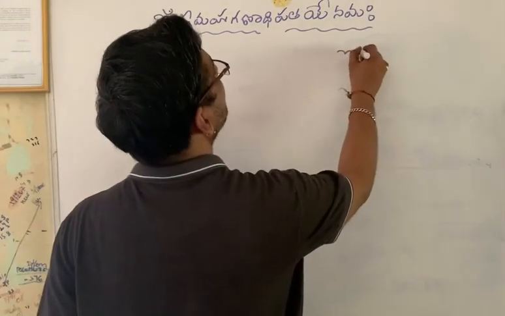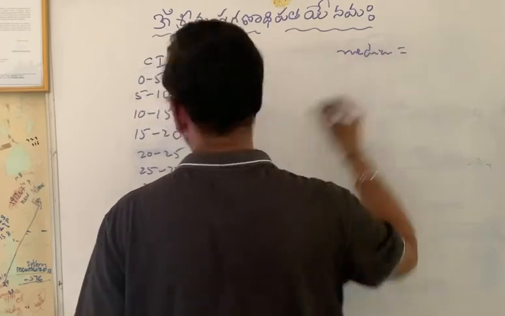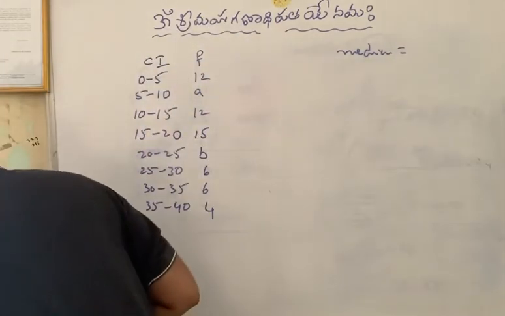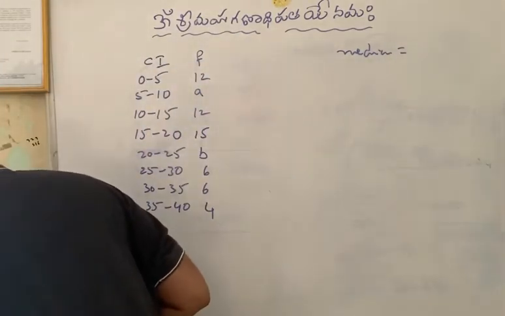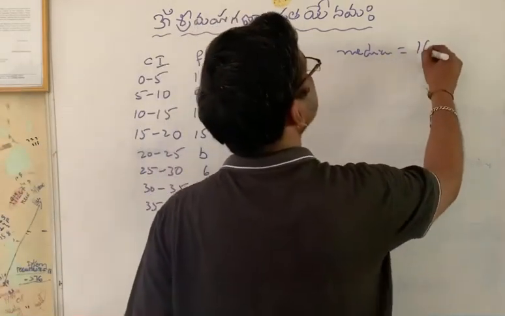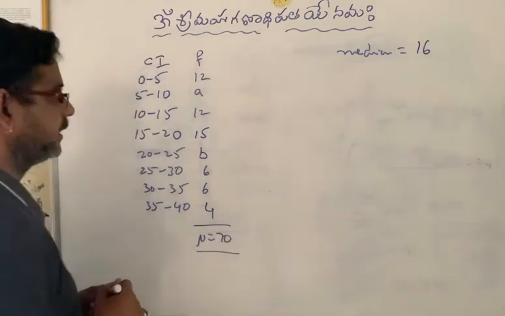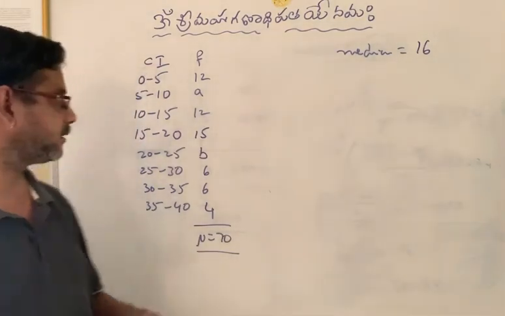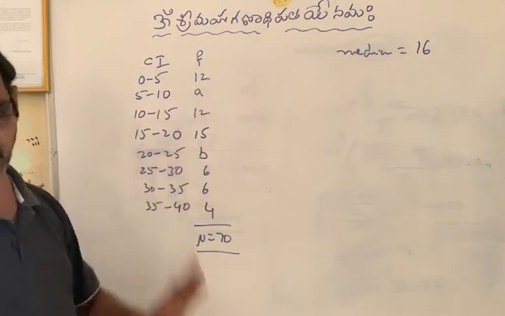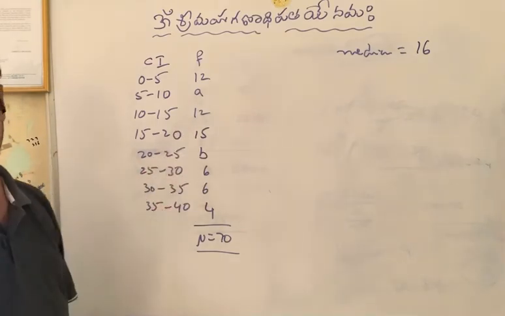And the median value is 16 and n is 70. We need to find the values of A and B. Two missing frequencies are there.